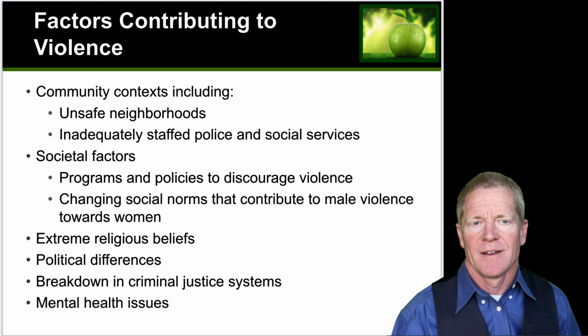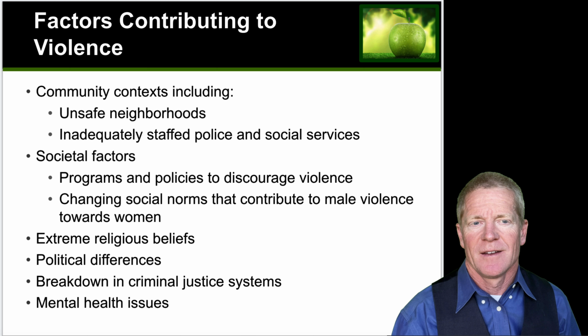There are programs and policies in place that discourage violence. The best programs involve community leaders all the way through to the people in society that have less socioeconomic advantage and are disenfranchised. Bringing people together to make sure every person is safe is really important.